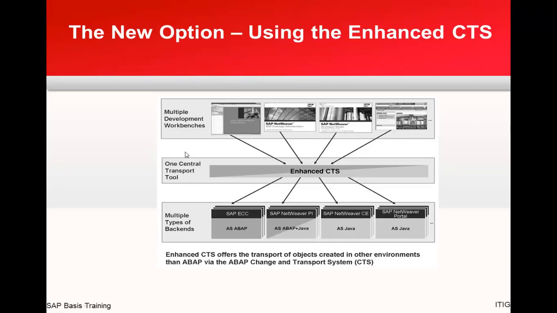So we get one central transport tool for transporting all Java and ABAP objects. For ECC you can use the same thing. For ABAP plus Java, you can use the same transport tool. For CE, that is composite environment, you can use the same tool, and for the portal you can use the same tool.